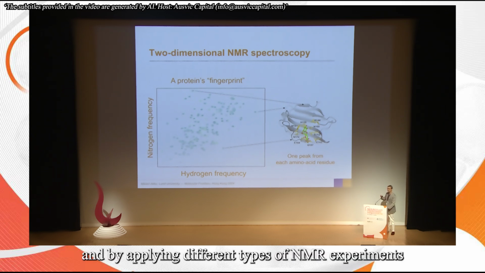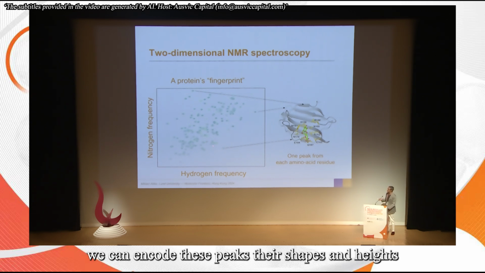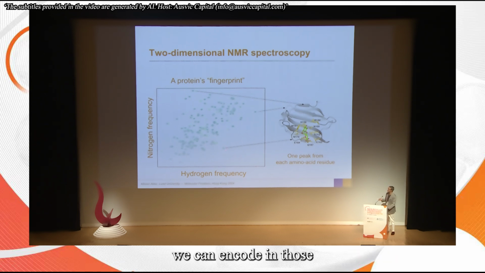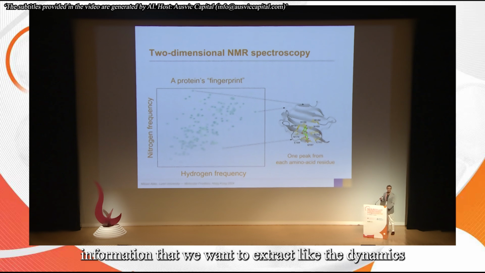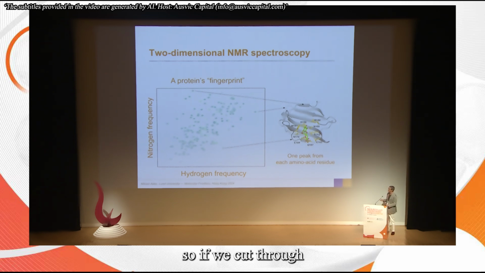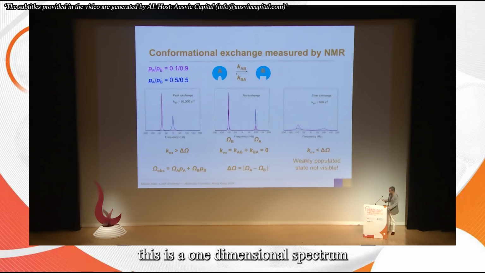And by applying different types of NMR experiments, we can encode in these peaks, their shapes and heights, information that we want to extract, like the dynamics. So if we take a one-dimensional slice through one of these peaks, it may look something like this. This is a one-dimensional spectrum.